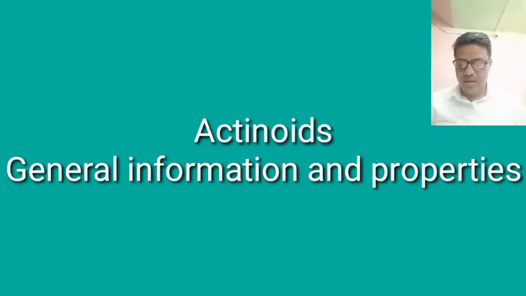Again, they have high densities, near about 15 to 20 gram per cubic centimeter, high melting points near about 1000 degrees centigrade, and also high boiling points near about 3000 degrees centigrade.